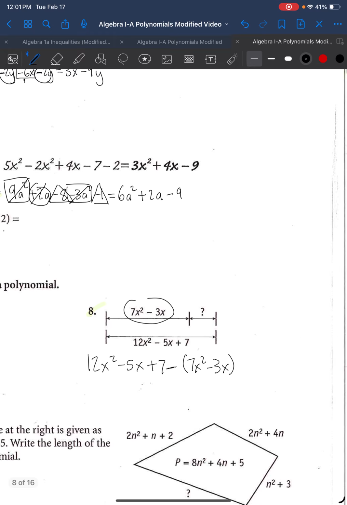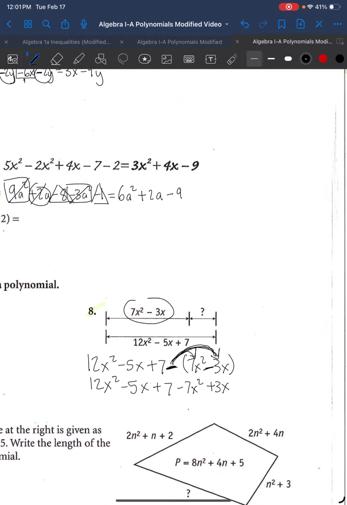Okay, so I'm going to rewrite this as 12x squared minus 5x plus 7, and then I have minus 7x squared and minus negative 3x. So remember, minus a negative is the same as adding, so it's going to be plus 3x.